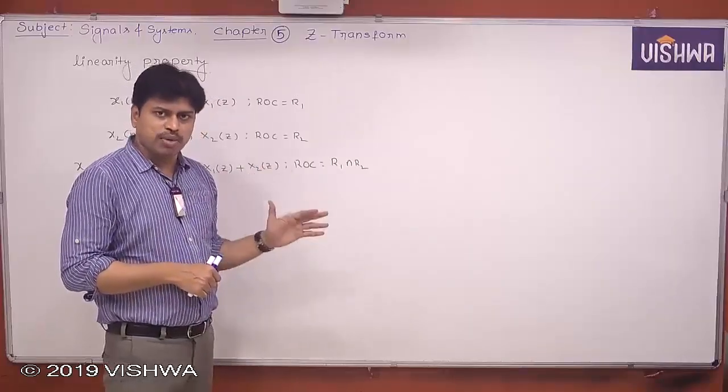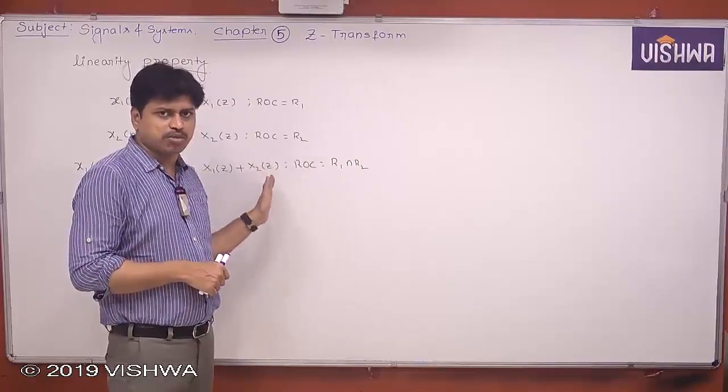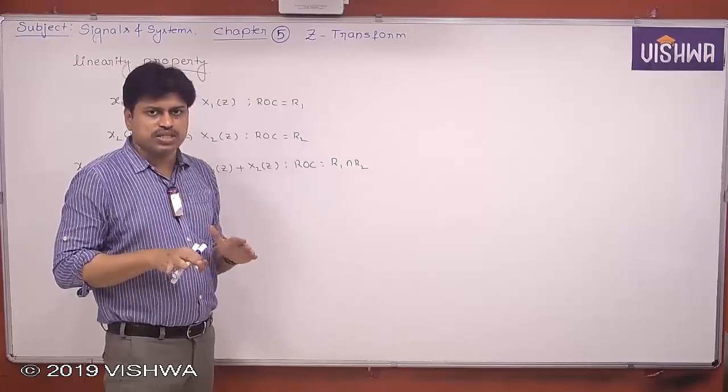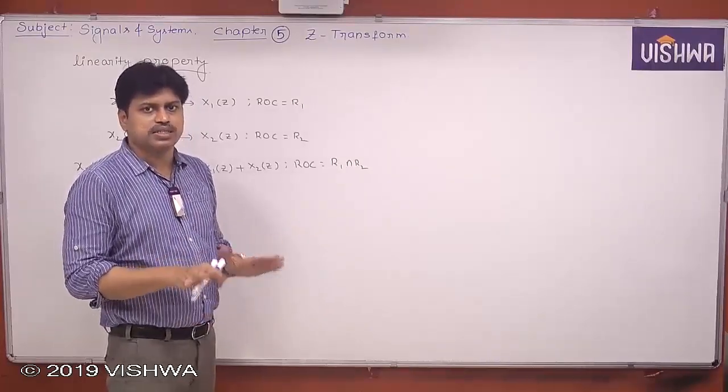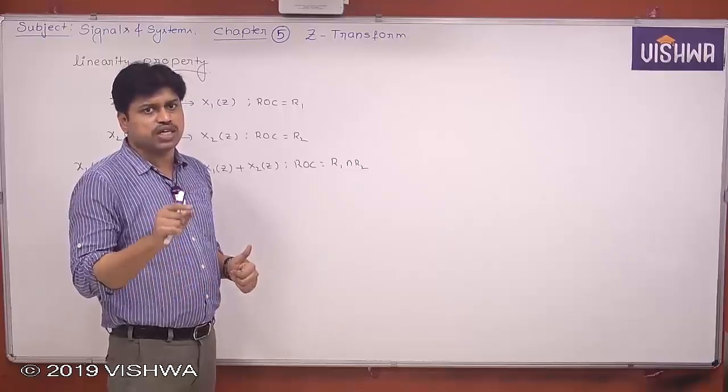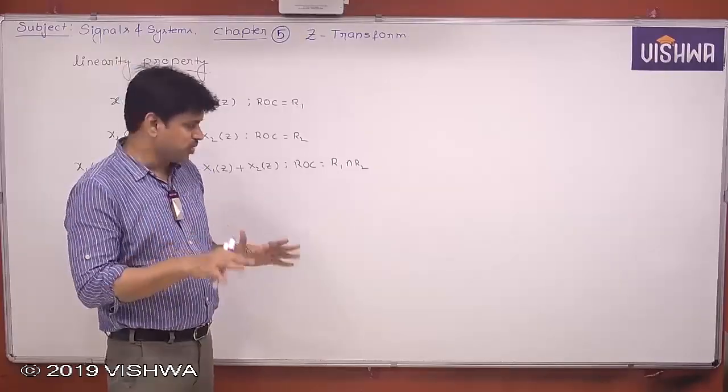What if there is no common ROC? Then we cannot apply the linearity property. First of all, for that signal we don't have any Z-transform. So I can simply say Z-transform does not exist if there is no common ROC. That's what we can say.